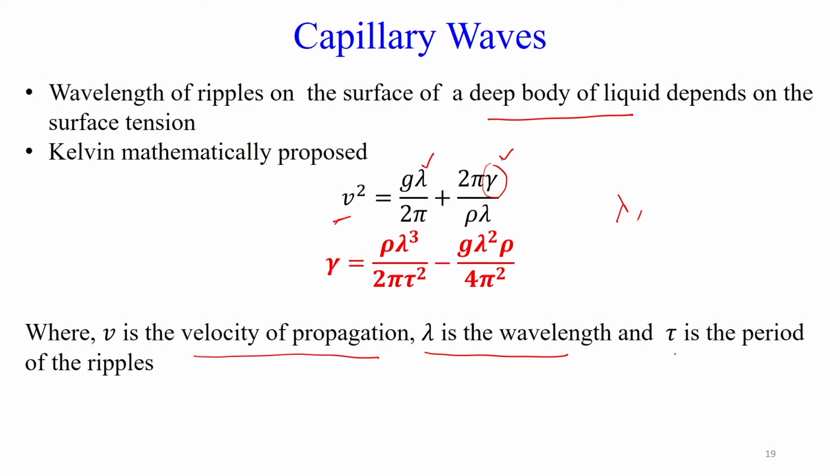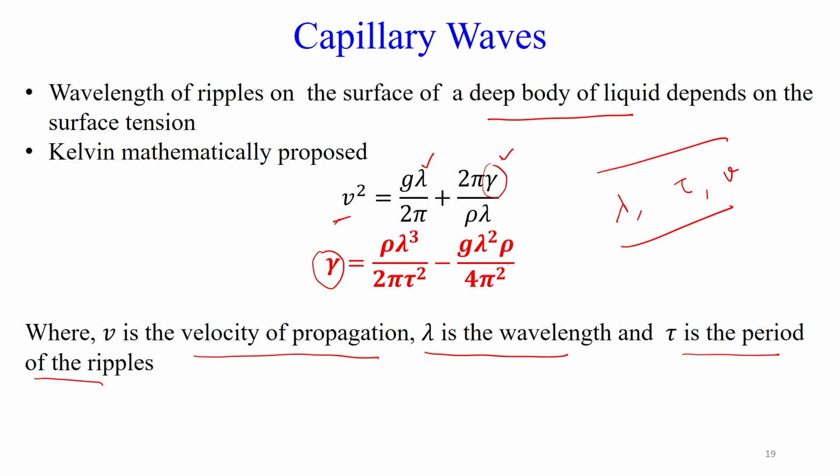Velocity we can also get from the period tau of the ripples, either velocity or tau. If you can estimate these parameters from these computer control devices, then you should be able to measure the interfacial tension by the model proposed by Kelvin.